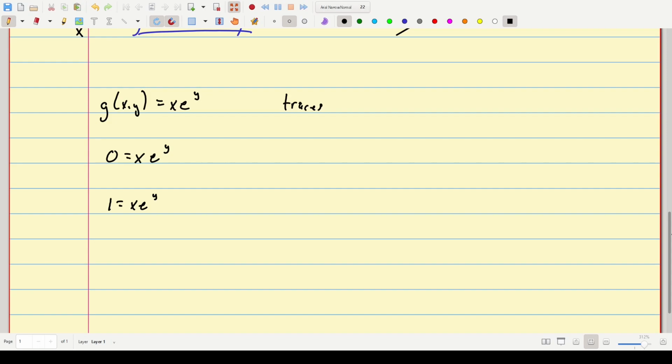Okay? So let me move this around a little bit here. So we're looking at what's going on in an XY graph by setting z to be some constant value.